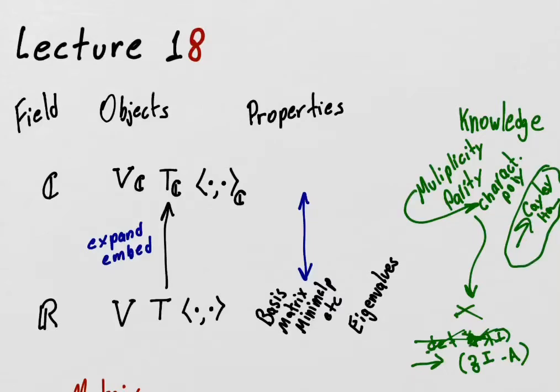So we had Cayley-Hamilton for complex vector spaces, and now we have it for real vector spaces, because we can now define the characteristic polynomial for a real vector space. And we know that if the real vector space has dimension n, the characteristic polynomial has degree n. Why? Because once we complexify the operator, we know that the multiplicities add up to n.